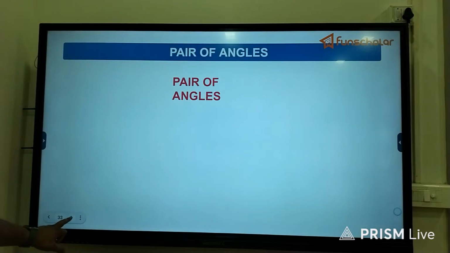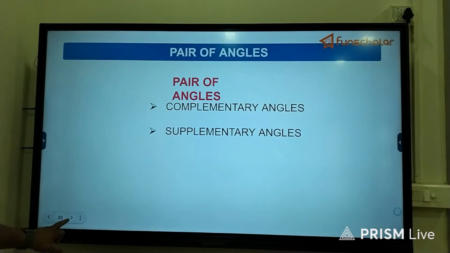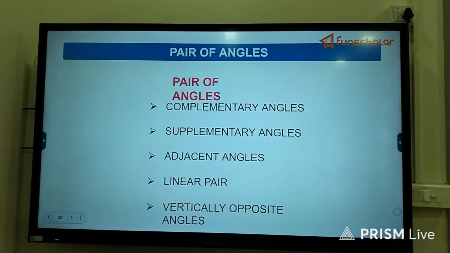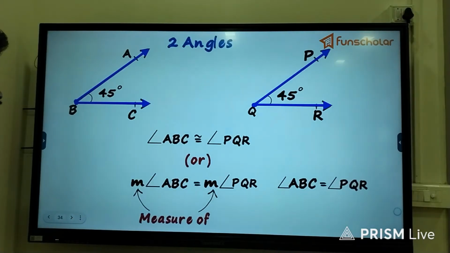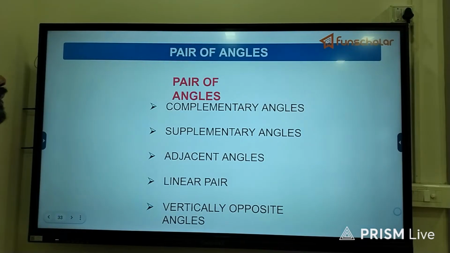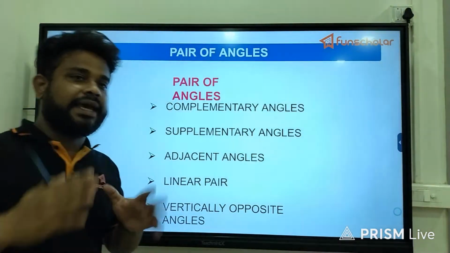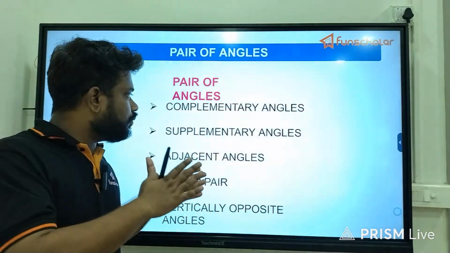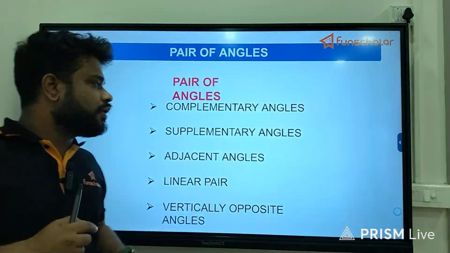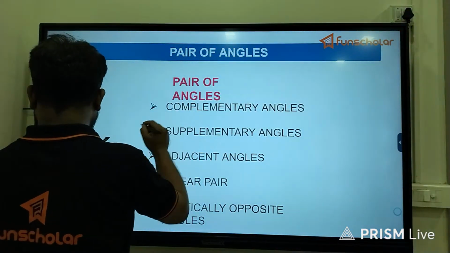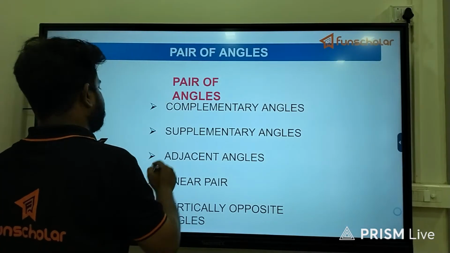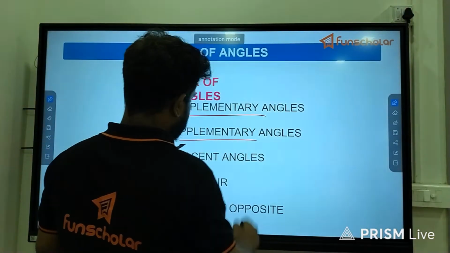So pairs of angles include complementary angles, supplementary angles, adjacent angles, linear pair, and vertically opposite angles. These are all the types of pairs of angles. That means we need two angles to verify or satisfy all of these formulas.